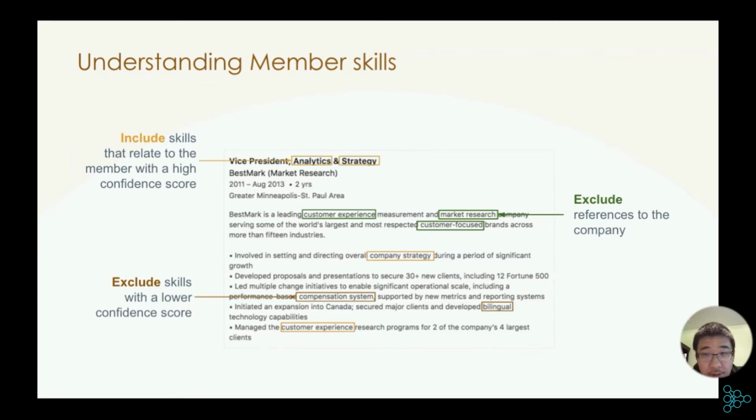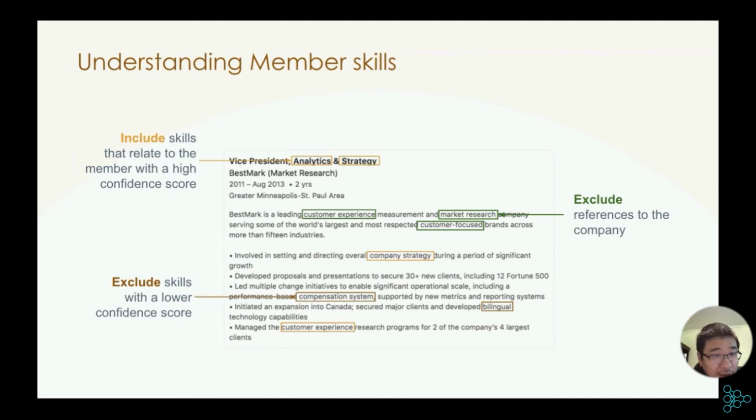But wait, not all skills actually mentioned in this member profile are the skills the member actually has. Because if you take a closer look, you can see those green box skills. They are not the skills of this member. They are actually the skills about the company this member is working for.